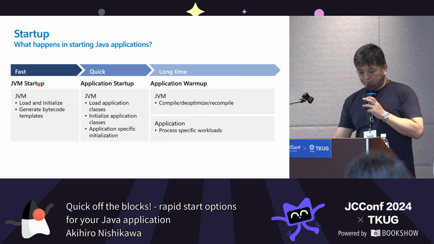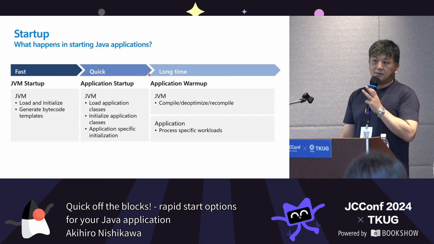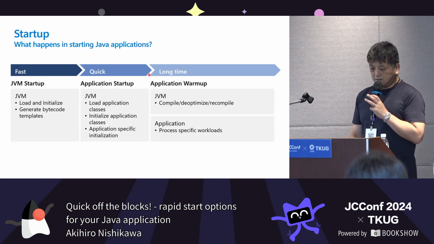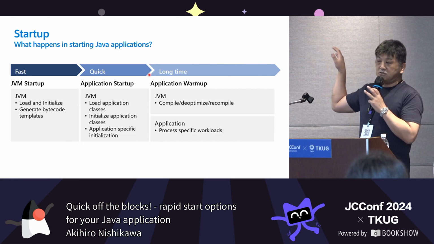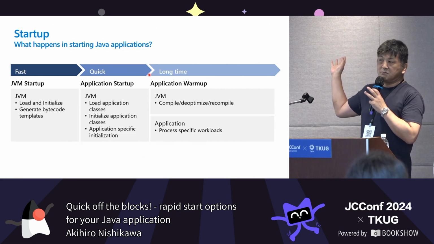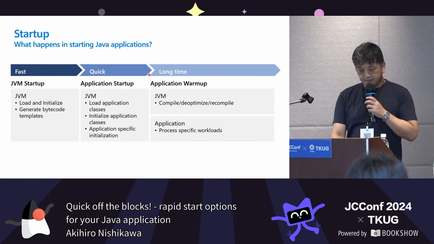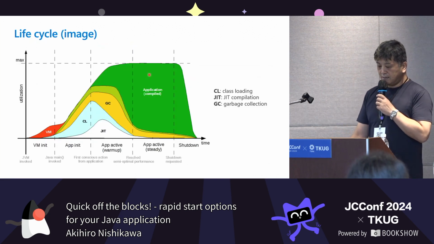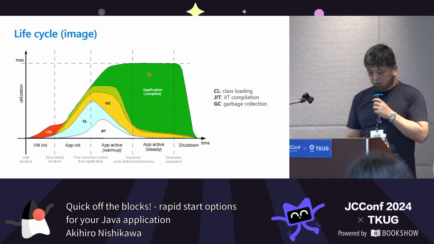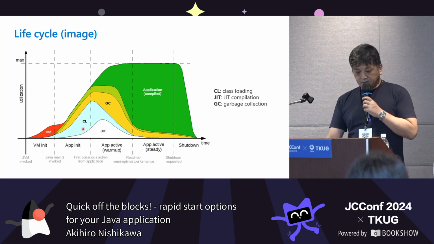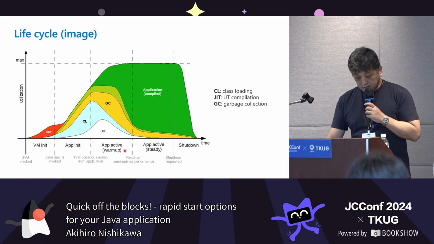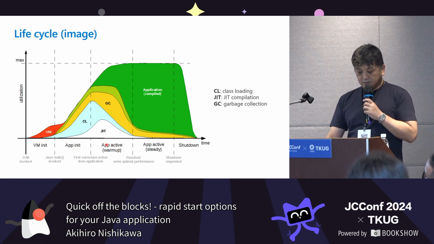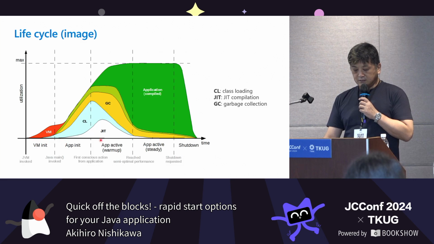After that, application warm-up takes a long time to reach the mature level. The life cycle in this figure is VM init, application init, and application warm-up, the 3 phases.